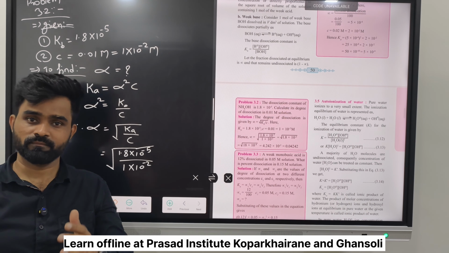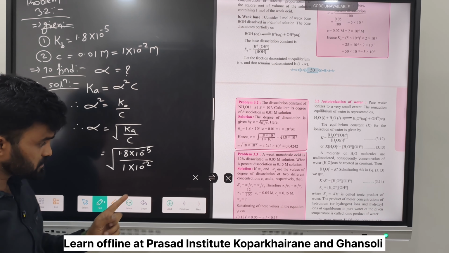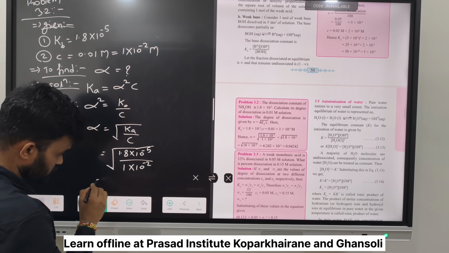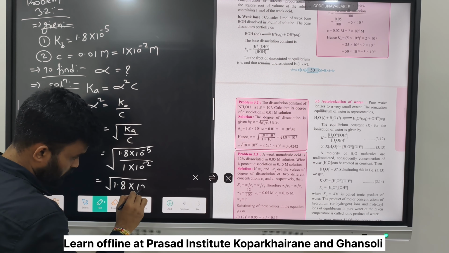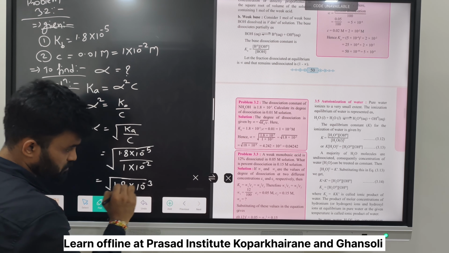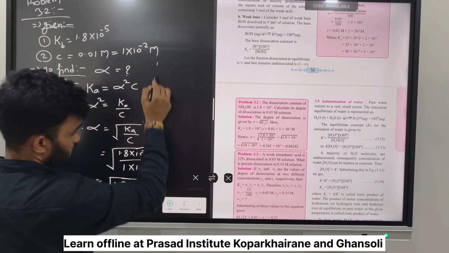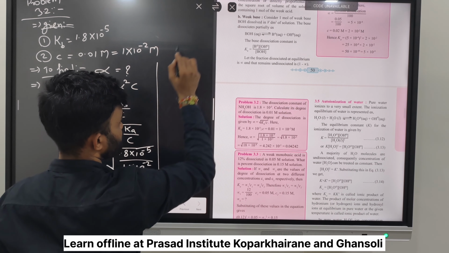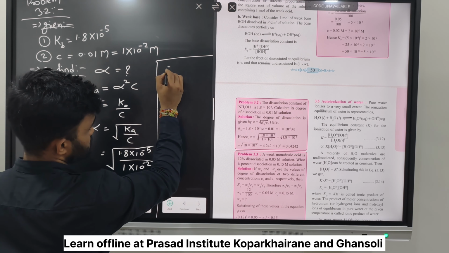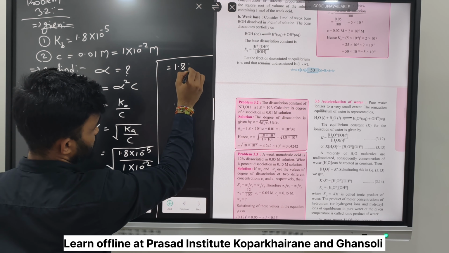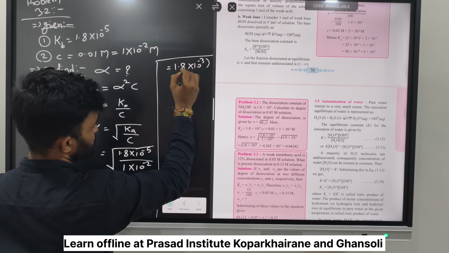Can you follow? Correct? Now the denominator goes up, so what we get here is 1.8 into 10 to the power, if it goes up, it becomes minus 3.